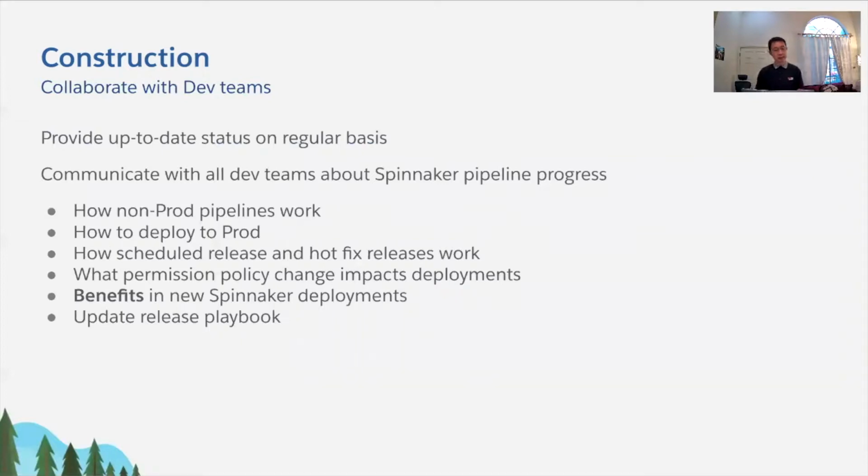The next aspect of construction is where you need to collaborate closely with dev teams. We provide up-to-date status on a regular basis. We communicate with all dev teams about Spinnaker pipeline progress.